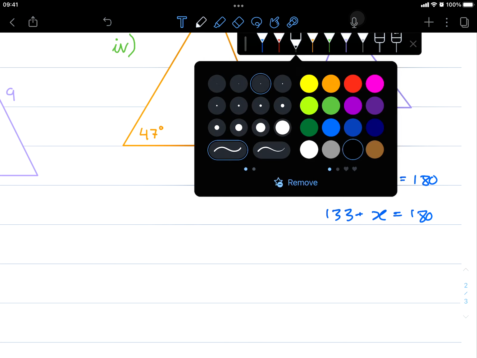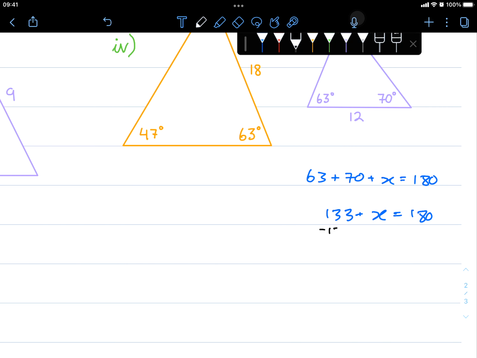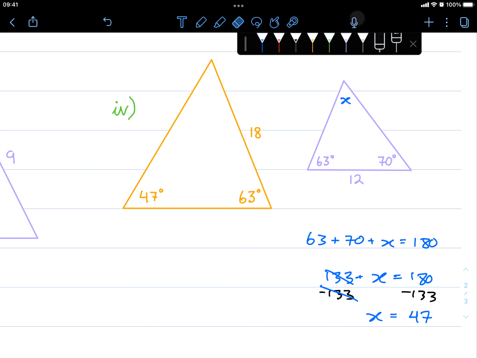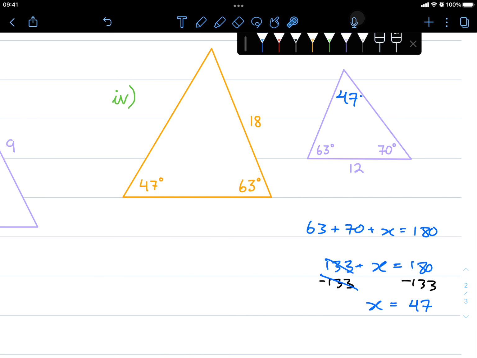Minusing 133 on both sides, this cancels out the 133. X is equal to 180 minus 133, which is 47. So that missing angle is actually 47, which means we can see that 47 is opposite 12, 47 is opposite 18.